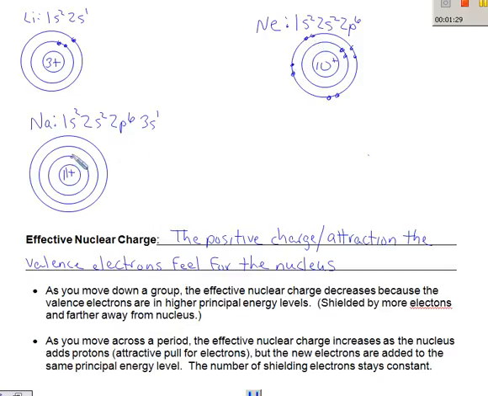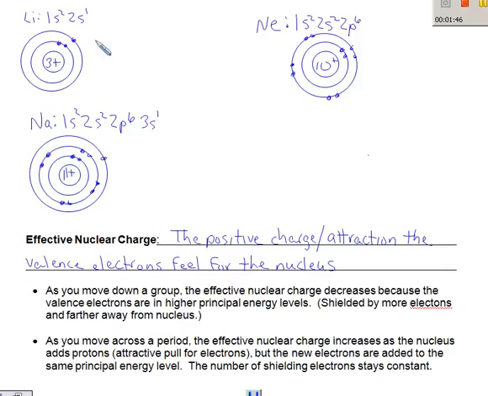And here we had 2 electrons, a total of 8 electrons in the second principal energy level and 1 valence electron.